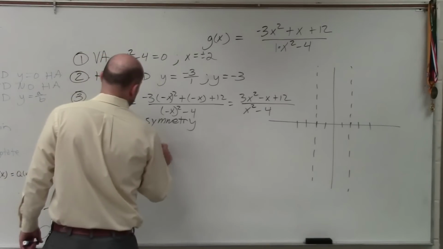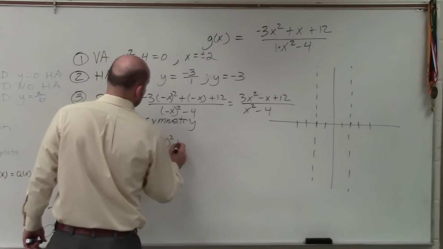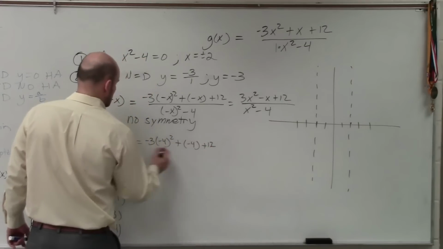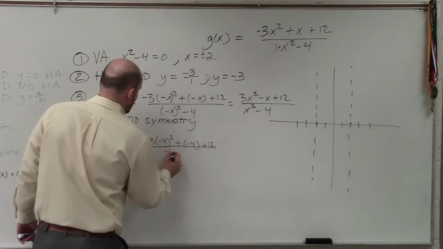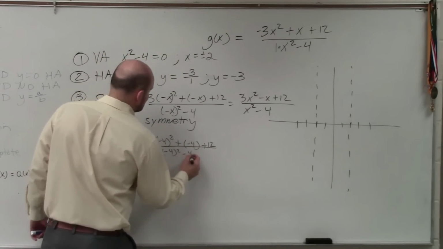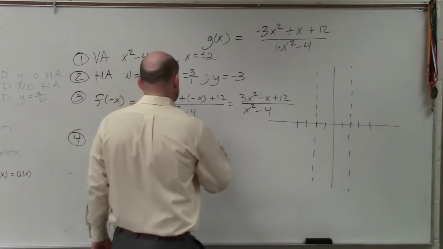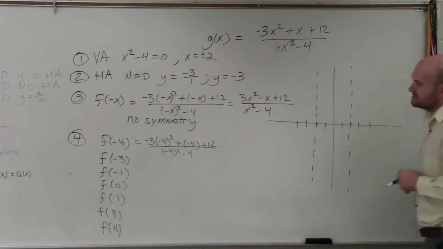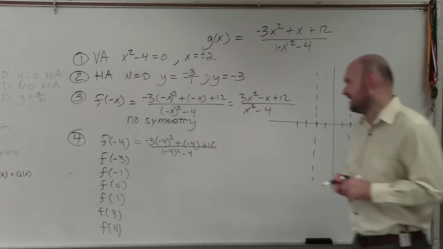So basically, you're just going to do -3 times -4 squared plus -4 plus 12, divided by -4 squared minus 4. So that becomes 16. That becomes -48.